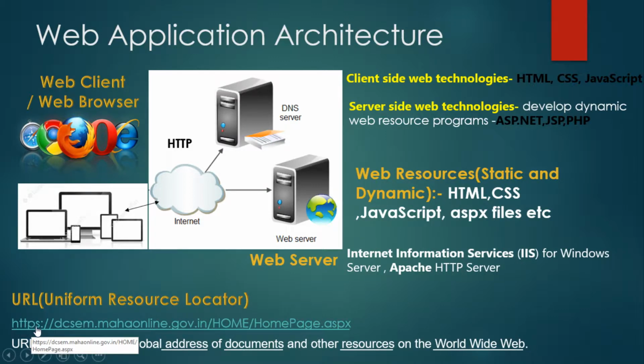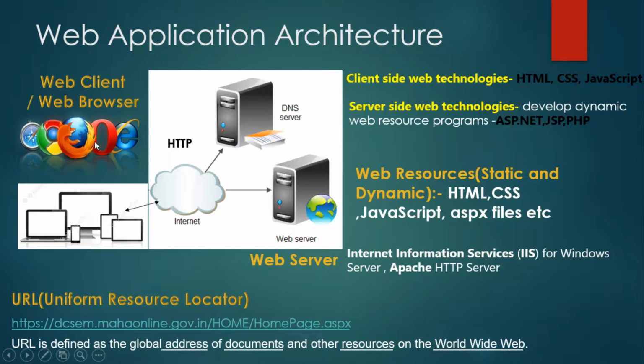So for example, this is a URL, and this contains characters. For example, https tcms.goe.in/home/homepage.aspx. So this is requesting the homepage.aspx page from this site. Okay, so this web resource is accessed by mentioning the URL in a browser.